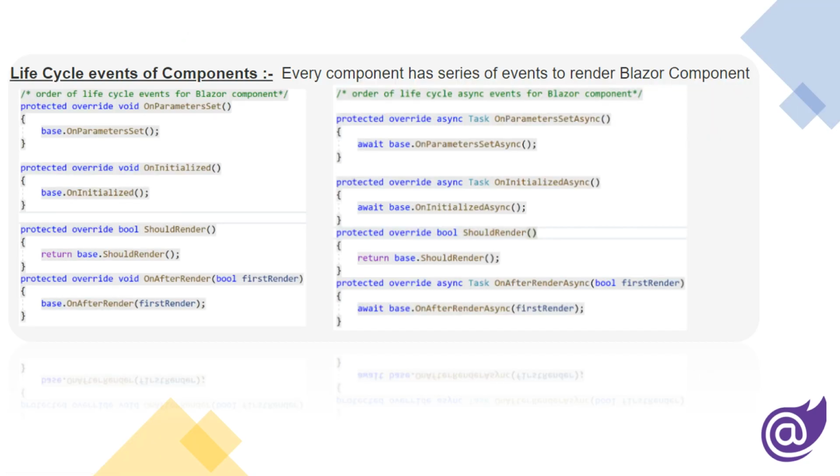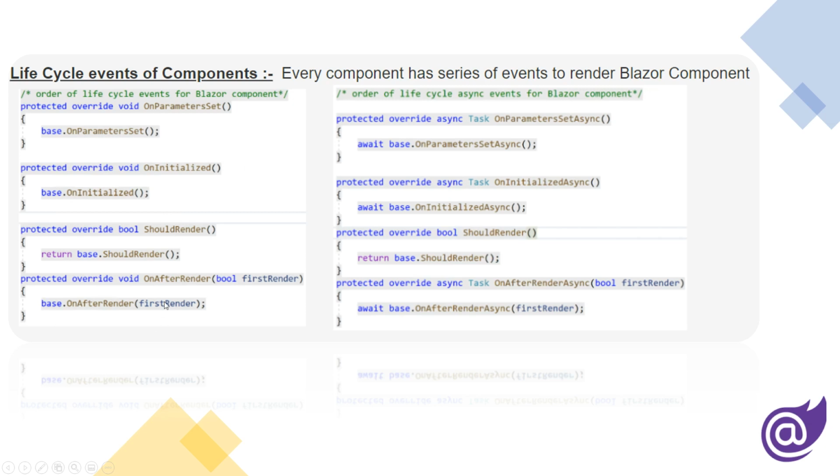These are the life cycle events for the Blazor components. This is the same kind of components, so the same kind of events. On parameter set, on initialized, should render, and after render.